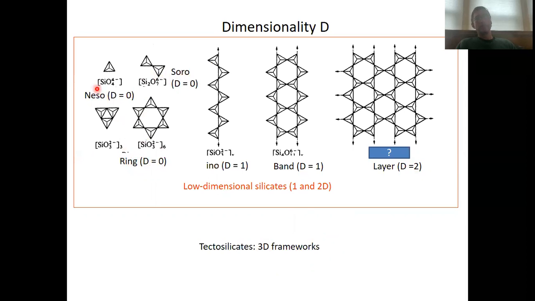In the most simple case, we have a so-called nesosilicate, where we have only a single SiO4 4- anion, which is not interconnected to any other SiO4 tetrahedra.